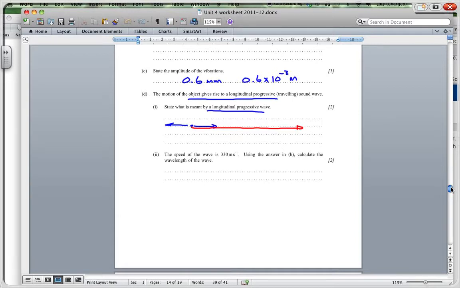So if this is the direction of the wave, then these particles are vibrating to and fro parallel to that direction.